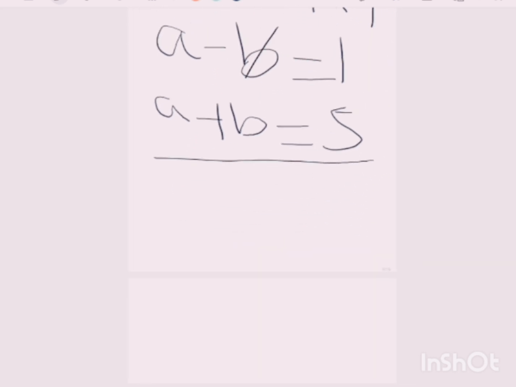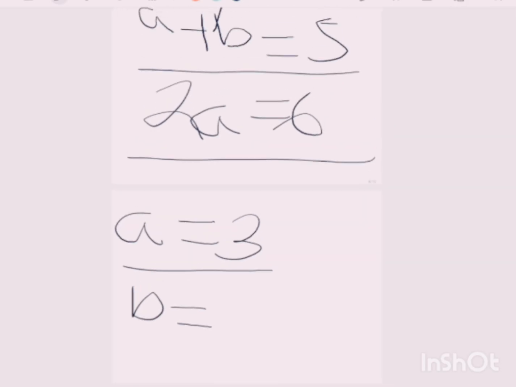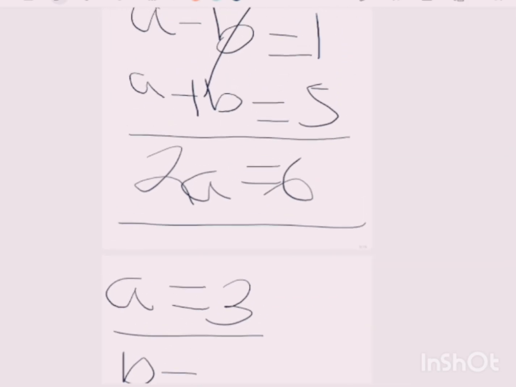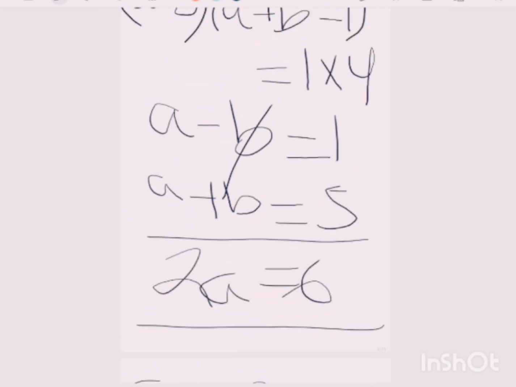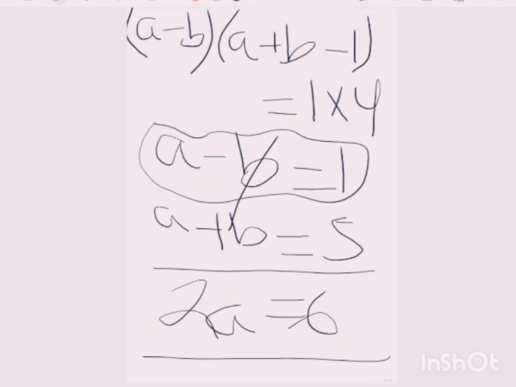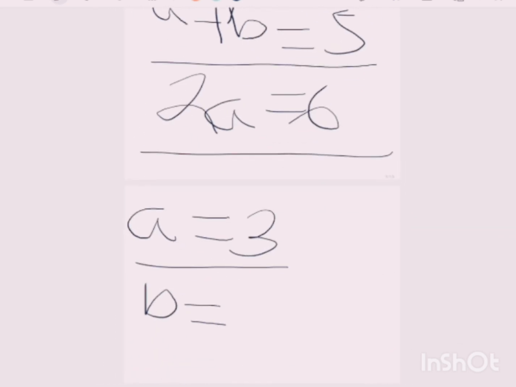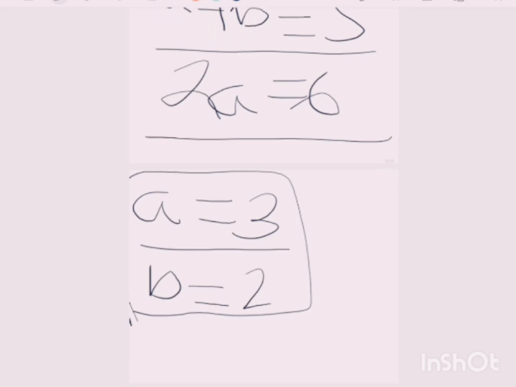Here now −b plus b will get cancelled, so 6 equals 2a, so a will be 3. So basically a is 3, and if we substitute a in this, 3 minus b equals 1, so b will be 2. You can check by solving these two.